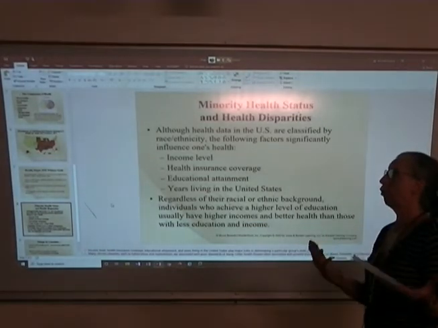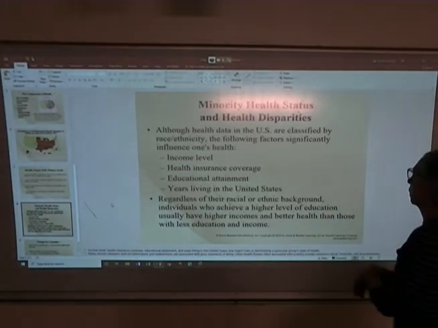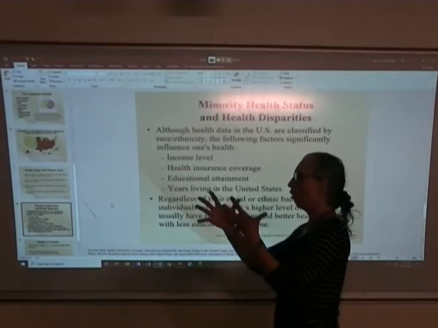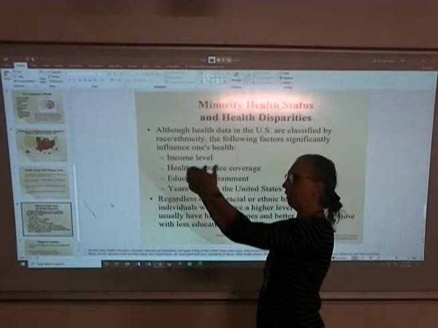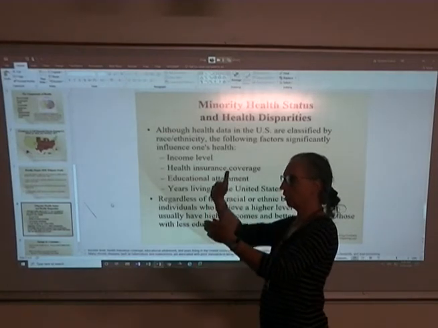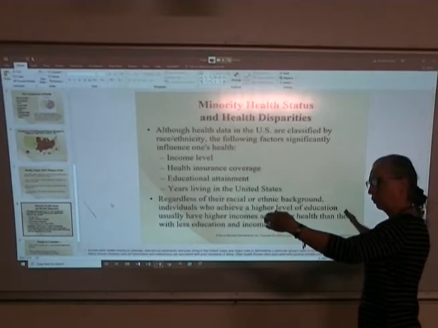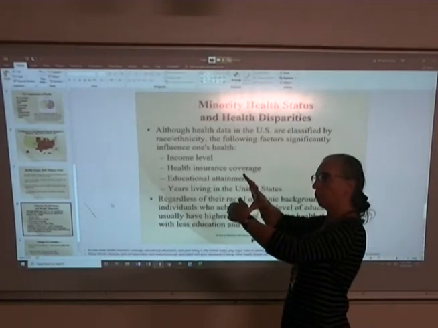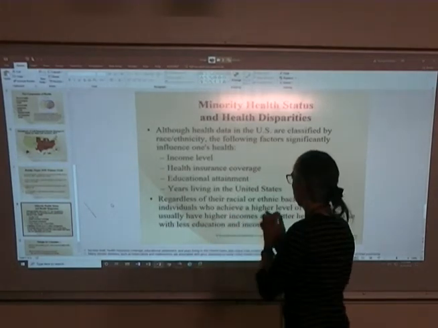So for minority groups, the health status of the parents or grandparents who came to the States is not as good as the health status of their grandchildren and great-grandchildren who were born here and have spent their whole lives here.